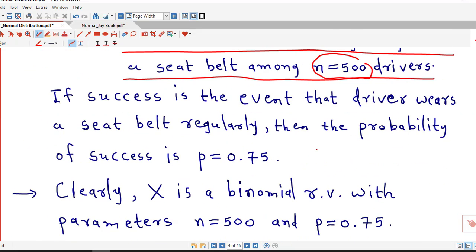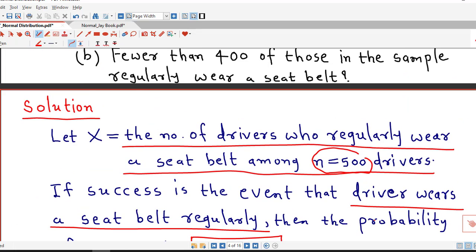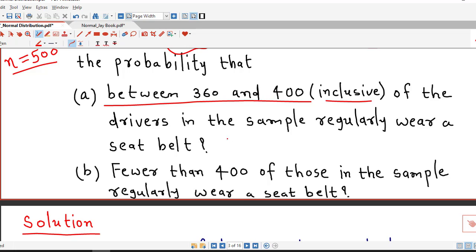So here given random variable is a binomial random variable with n equal to 500 and probability of success equal to 0.75. So we define capital X to be equal to the number of drivers who regularly wear a seat belt among n equal to 500 drivers, that is given sample. So clearly X is a binomial random variable with parameters n equal to 500 and p equal to 0.75, and we are asked to find the probability that between 360 and 400 inclusively, that is we have to take less than or equal to and greater than or equal to sign.